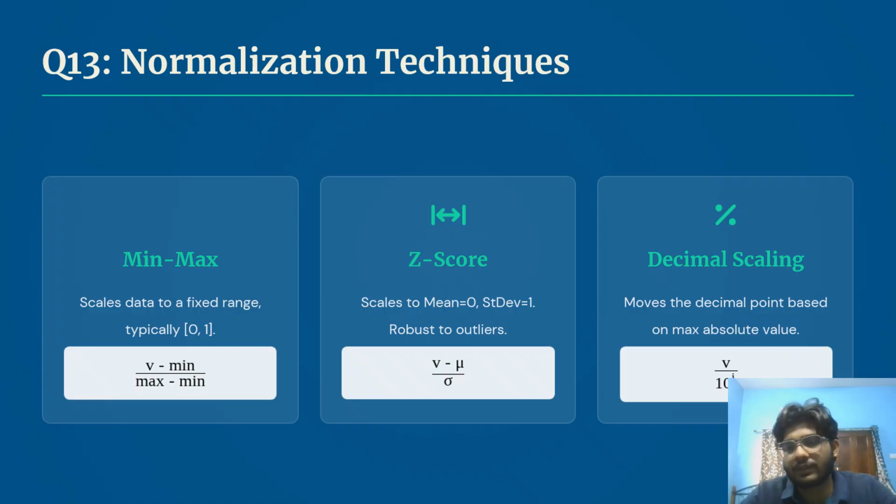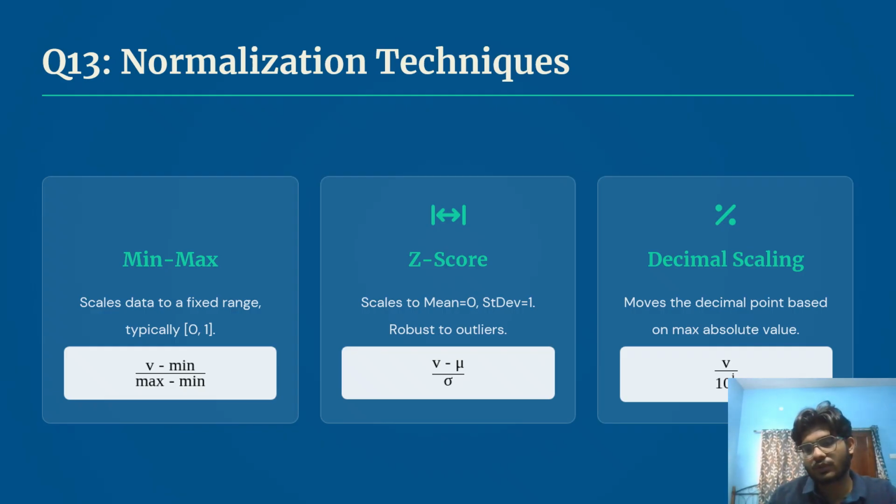It might not be visible because of the screen, but it is 10 to the power j. Now we have discussed the three normalization techniques as asked in the question.